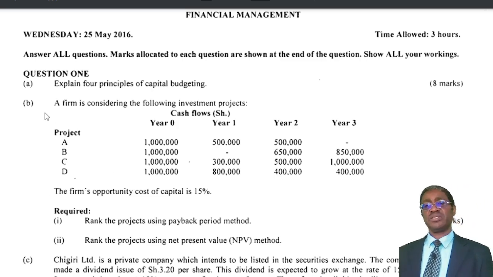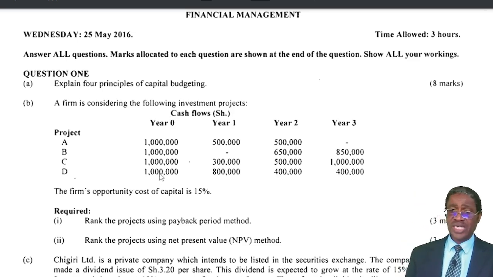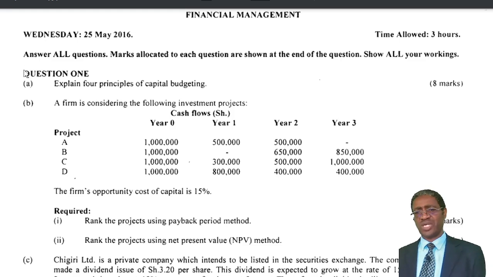B says, a firm is considering the following investment projects. You have a column for projects A, B, C, and D. Then you have cash flows in year 0. That is, of course, the initial investment. All of the projects have an investment cost of 1 million. But in years 1, 2, 3, that's where the cash flows are different.